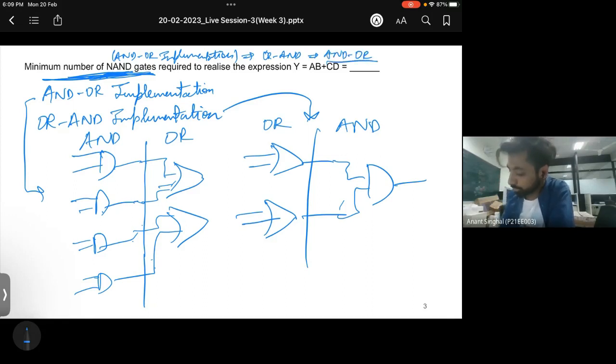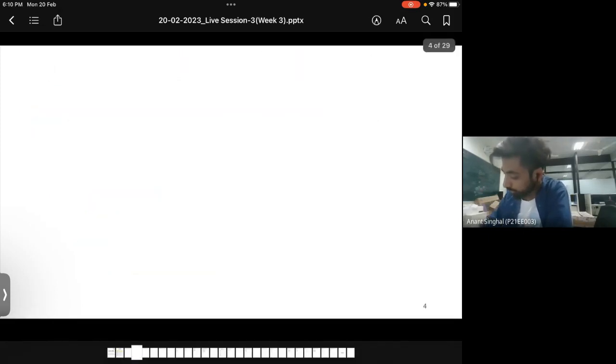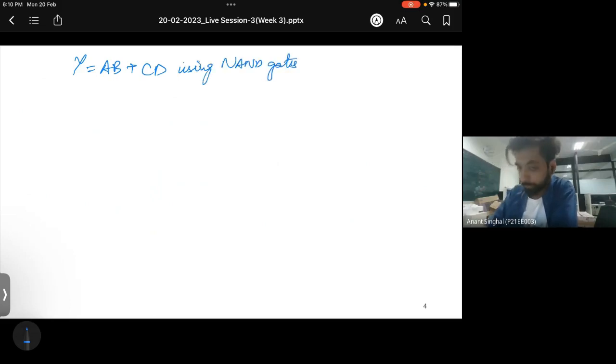In this question, it is written that we need to realize AB plus CD using NAND gates.